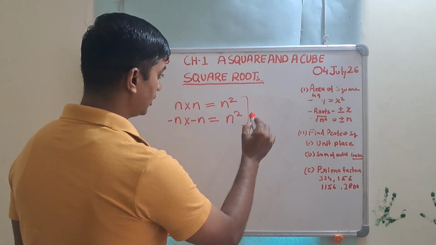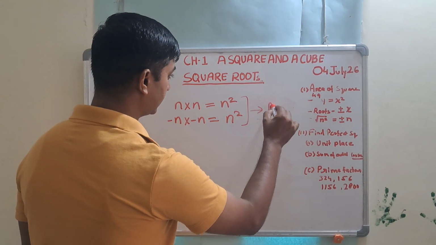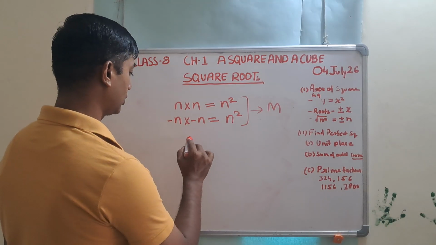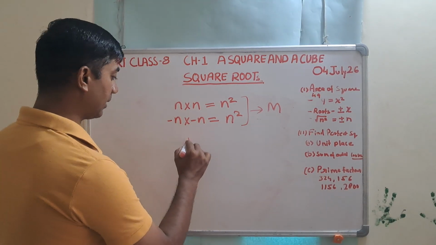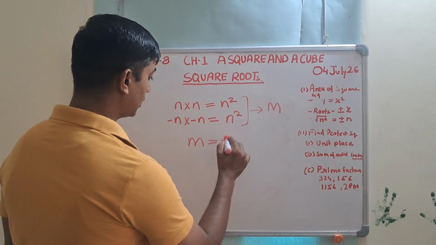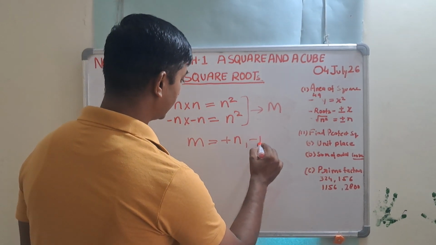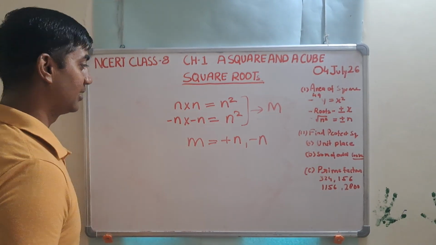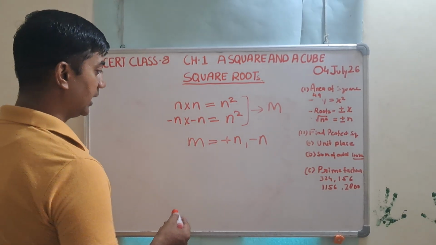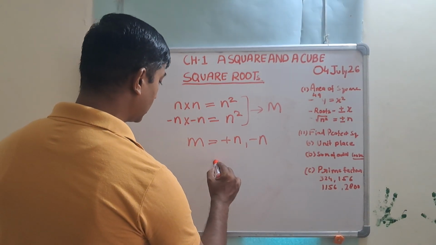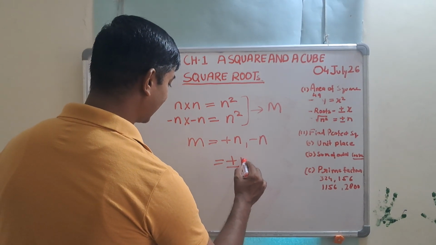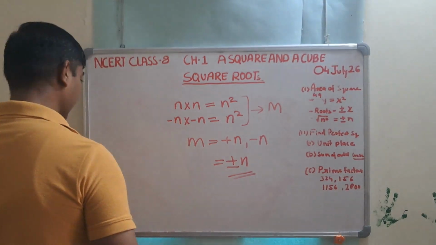Say the result n square is m. So the square roots of m are plus n and minus n. We write it in a generalized way as plus minus n.